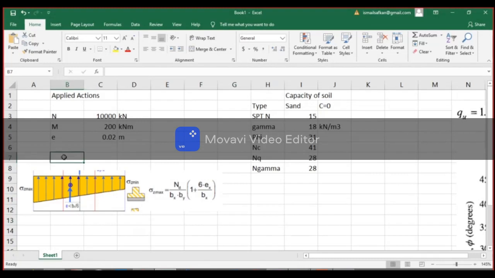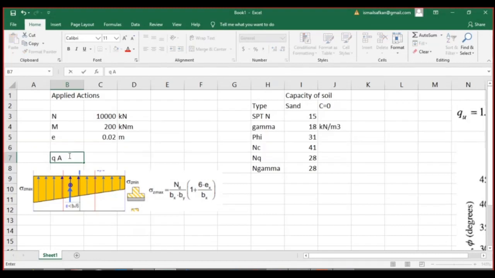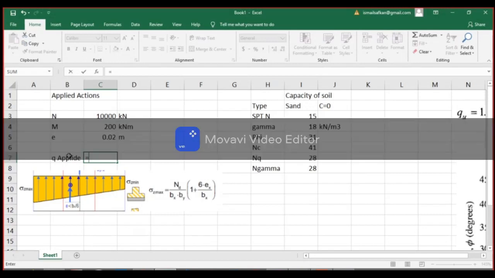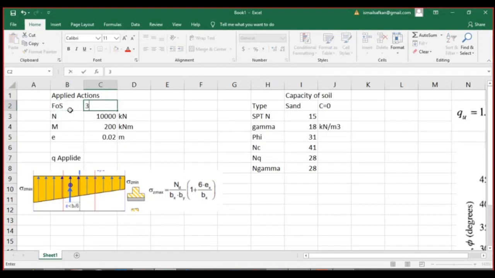Let's write the applied actions in terms of B. To apply, equal to into a blank cell. Design axial force. So you need to utilize factor of safety. Factor of safety as 3.